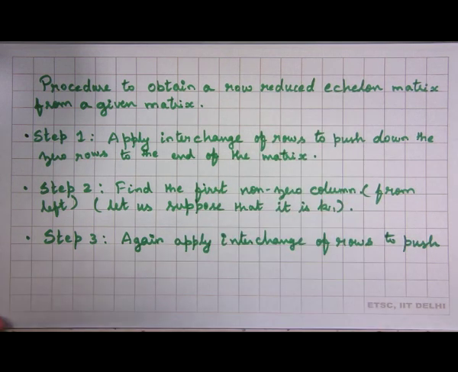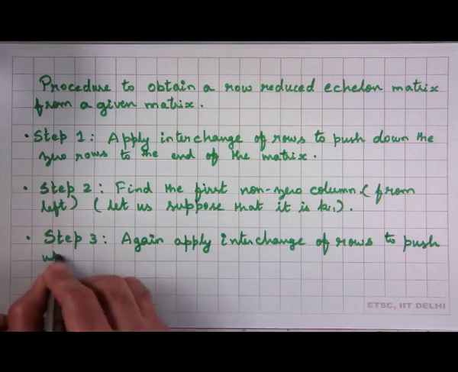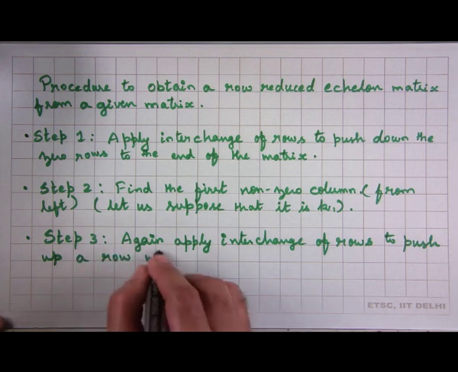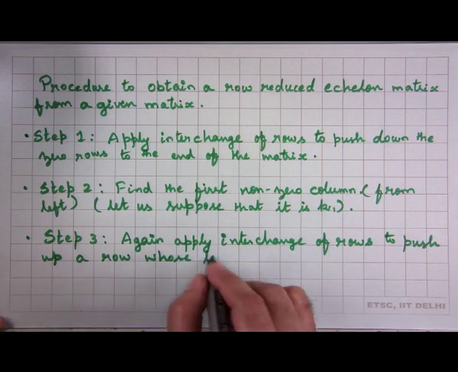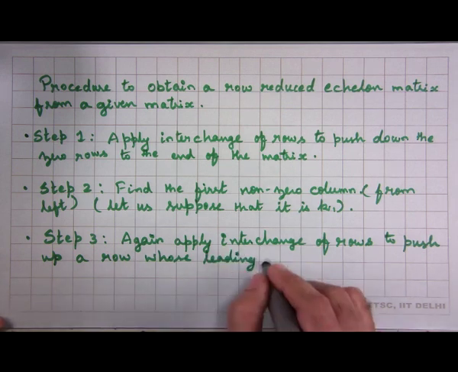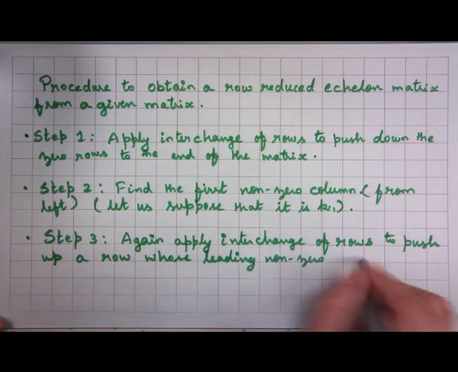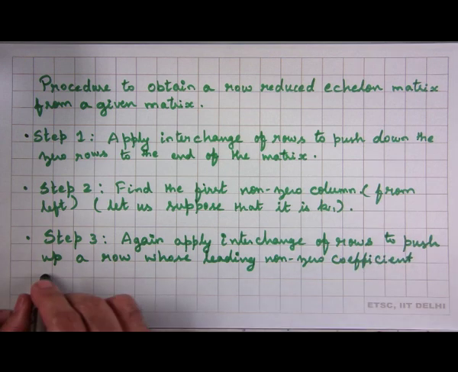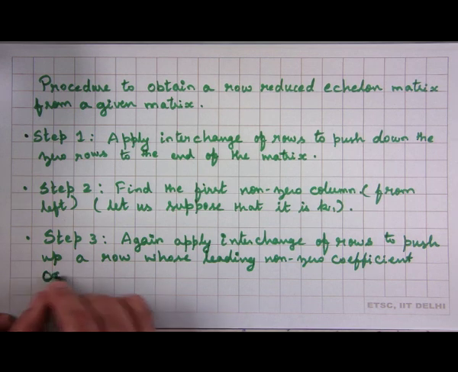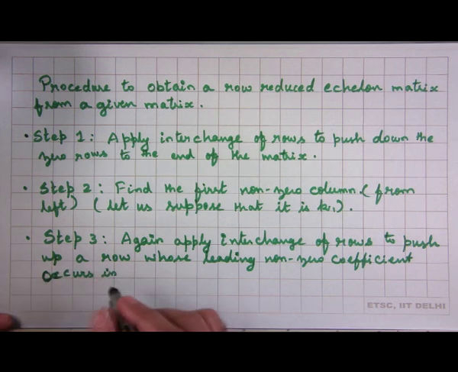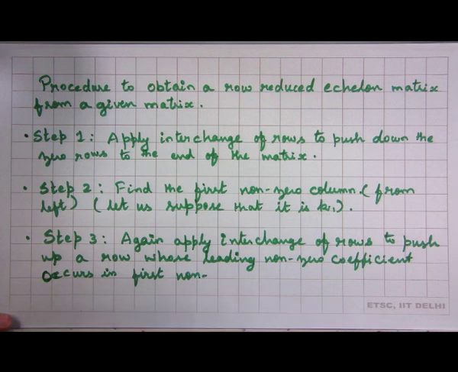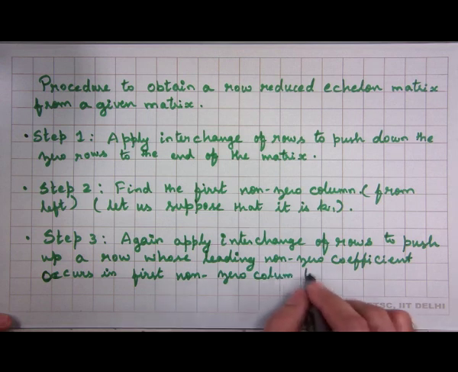Earlier we pushed down, now we are pushing up a row whose leading non-zero coefficient occurs in the first non-zero column to the first row.